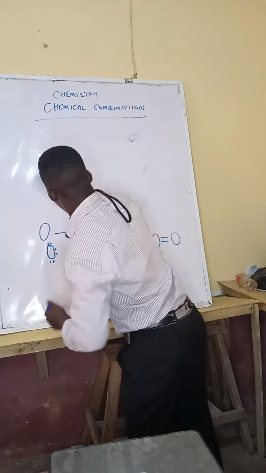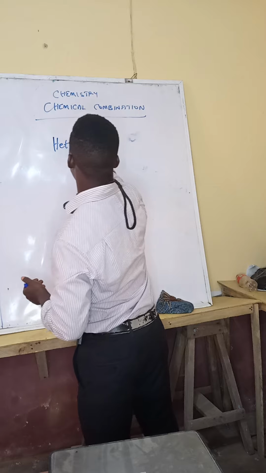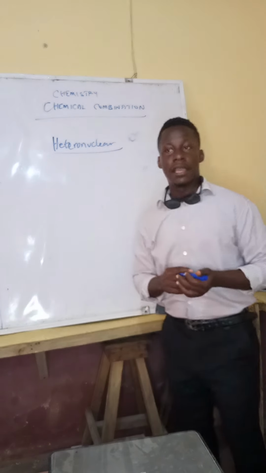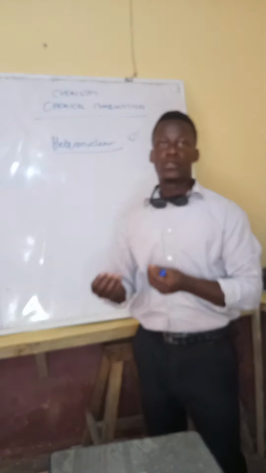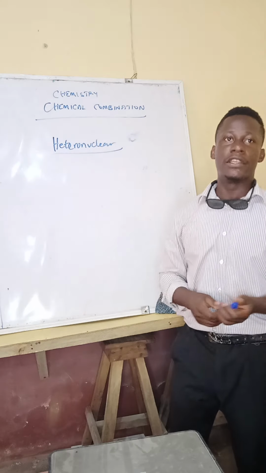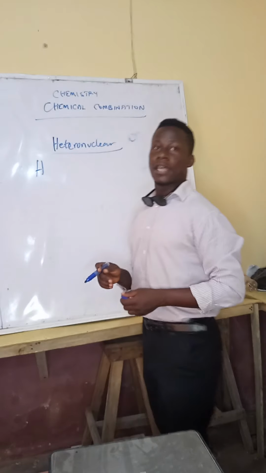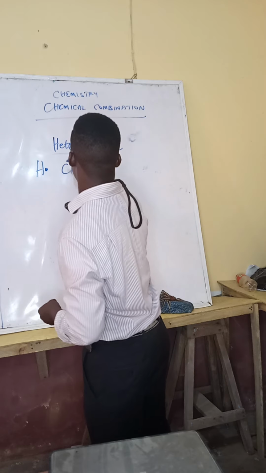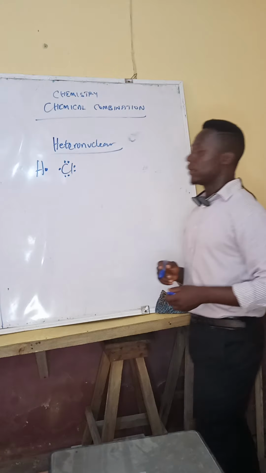Now let's go to the heteronuclear pure covalent bonding. For heteronuclear, atoms of different elements share electrons together during this combination. An example is hydrogen chloride. Hydrogen has 1 electron, and chlorine has 7.